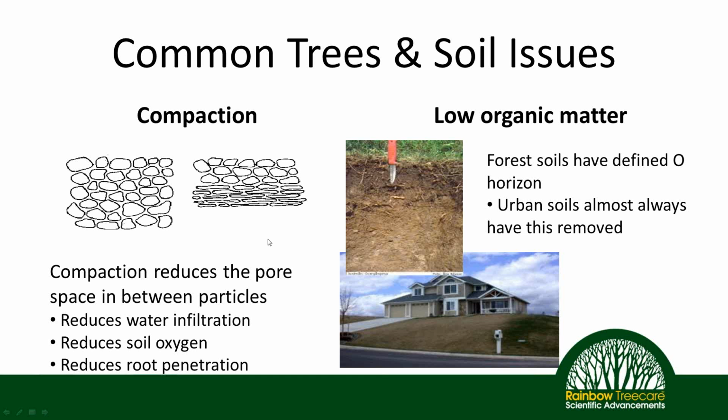That's going to reduce the amount of pore space in the soil. So instead of having a lot of macro pore space, we're going to be left with more micro pore space, which is going to be difficult to get air into. It's going to reduce the amount of soil oxygen, which is going to reduce the amount of soil root penetration. So again, we're not going to have a very fully formed root system. And of course, we know that if we want healthy plants, we need healthy roots in a healthy soil.